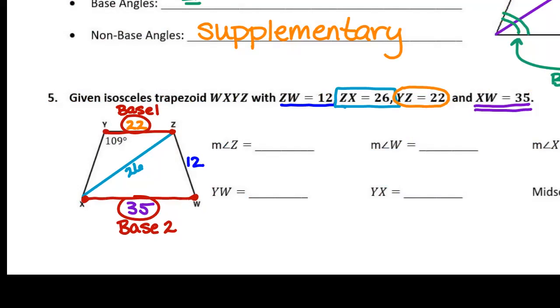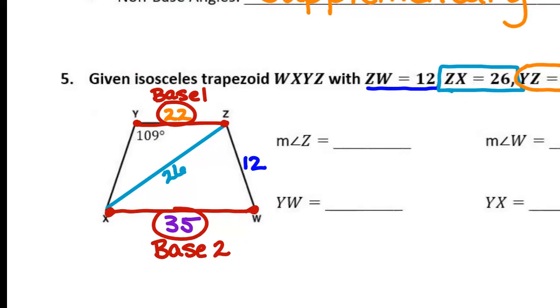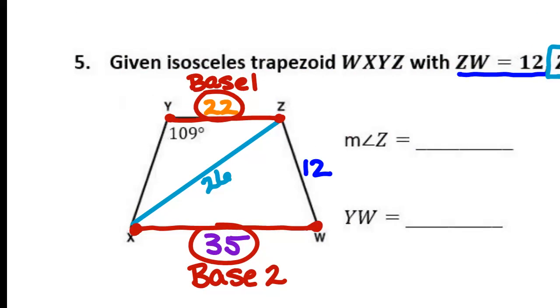What's special about an isosceles trapezoid that's not true about just any old regular trapezoid? The legs are congruent. How big is the leg here? 12. So what's the other leg? And what is the name of the other leg? YX. YX is 12.